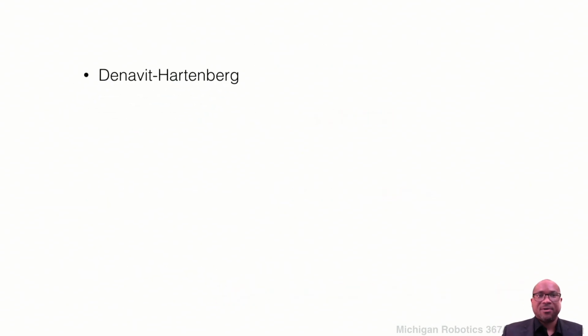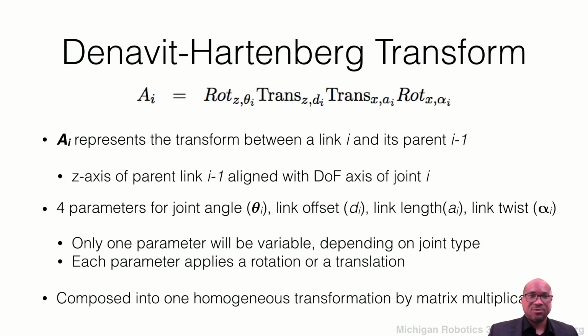Denavit-Hartenberg essentially represents each local transform as a collection of four transforms, 2 rotations and 2 translations. We can parameterize these as a joint angle rotation, a link offset translation, a link length translation, and also a link twist.